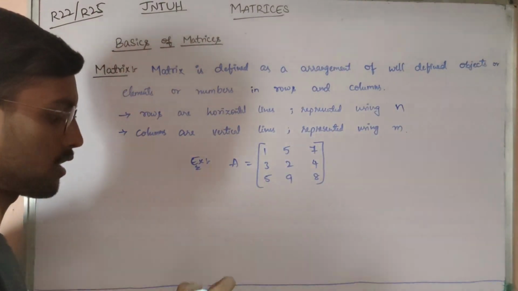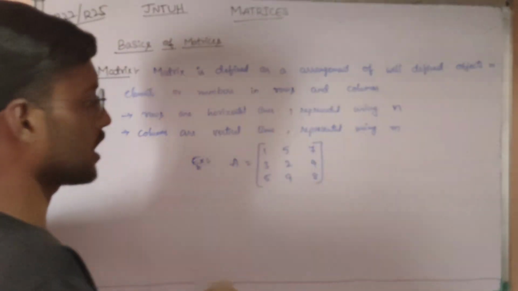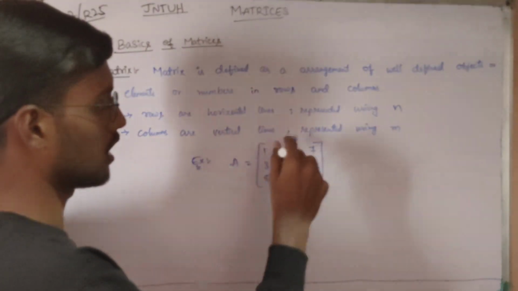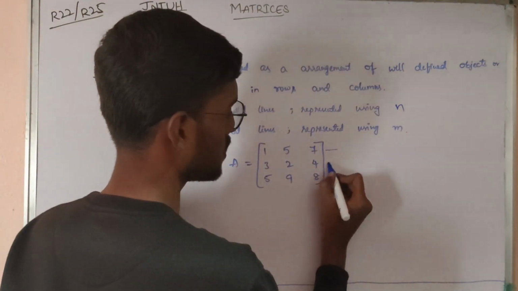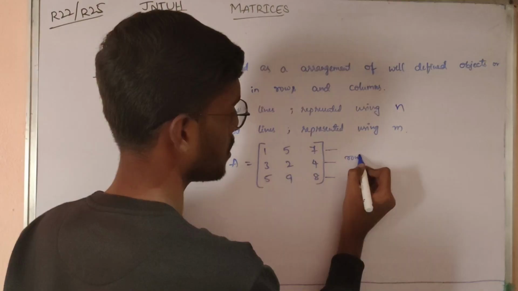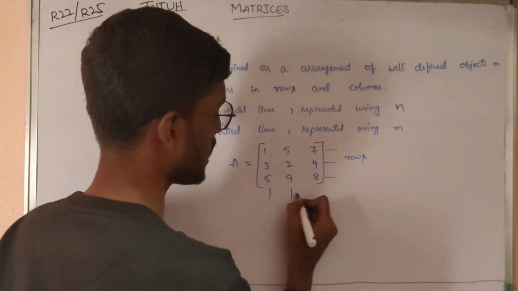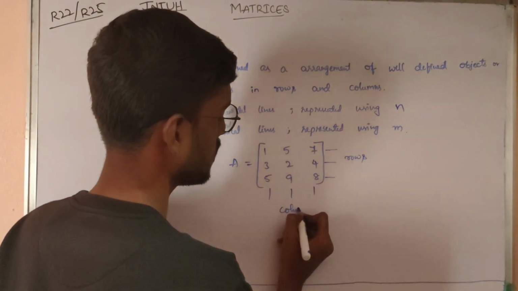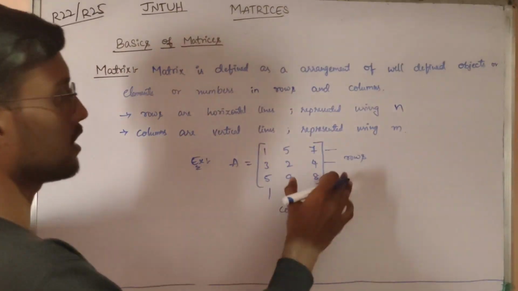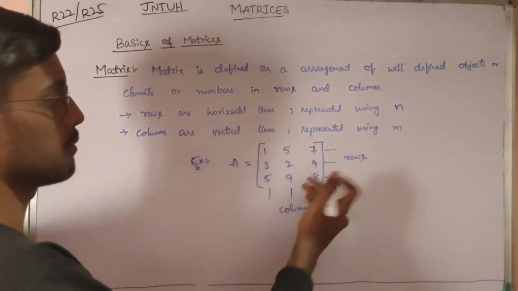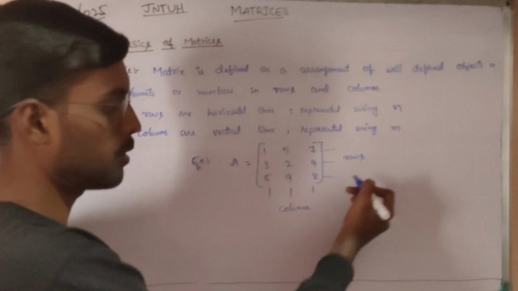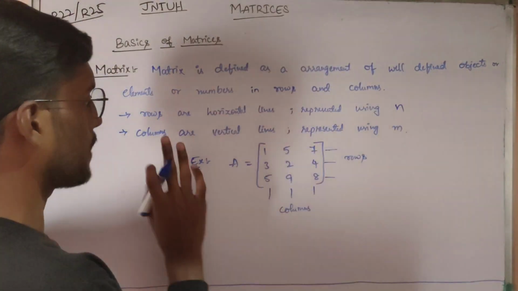The well-defined numbers or objects are arranged in rows and columns. These are called rows, and the vertical lines are called columns. The arrangement of well-defined objects or numbers in rows and columns is called a matrix.